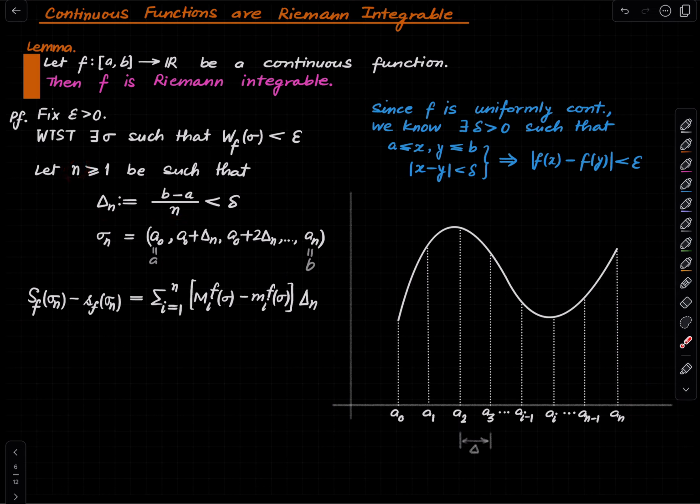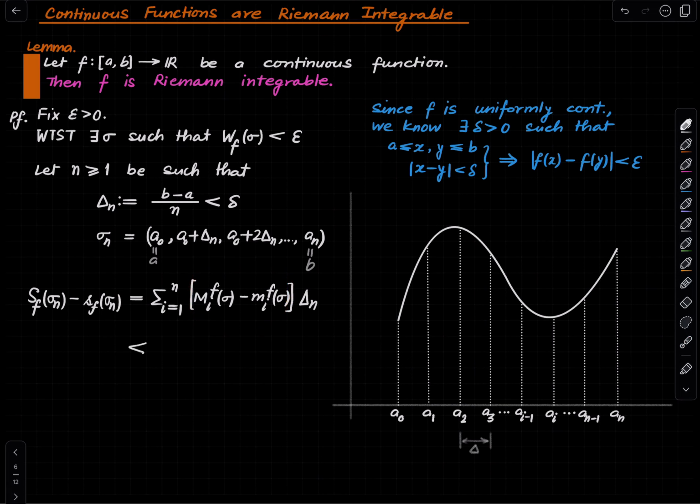And now once you pick any two points in any part, the difference in the f values will be less than epsilon in absolute value. If this is x, this is y, f(x) minus f(y) in absolute value is less than epsilon, immediate from here. And hence, this difference is at most epsilon.